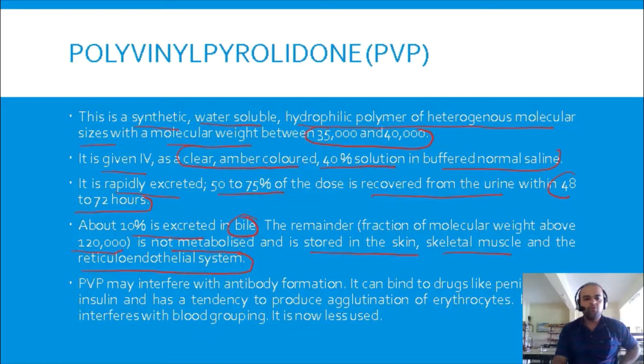So this PVP may interfere with antibody formation, and it can bind to drugs like penicillin and insulin, and it has a tendency to produce agglutination of erythrocytes. It also interferes with blood grouping, so that's why it is now less used as compared to the other drugs.